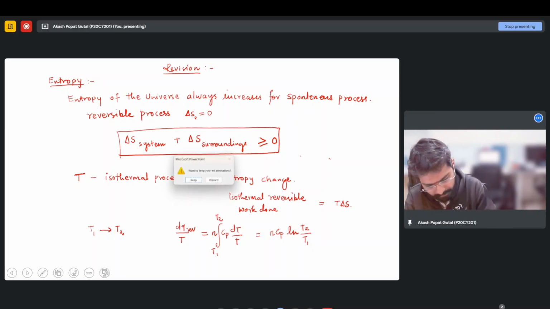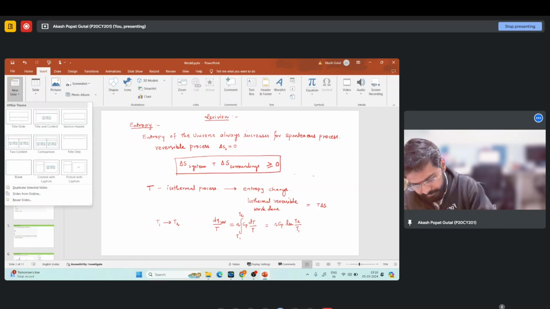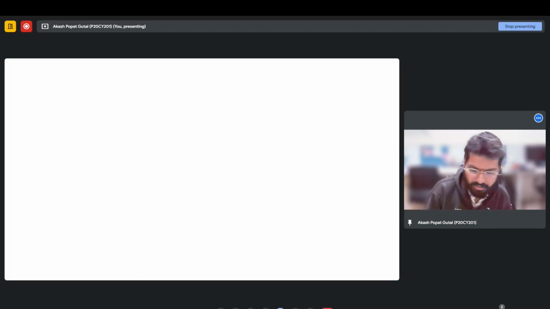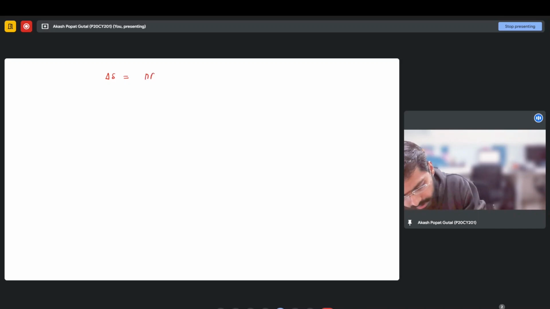Let me introduce one another slide. Fine. There is one more important relation between entropy and the volume of the gas, which can be given as delta S is equal to nR ln V2 by V1, for a system changing volume from V1 to V2.